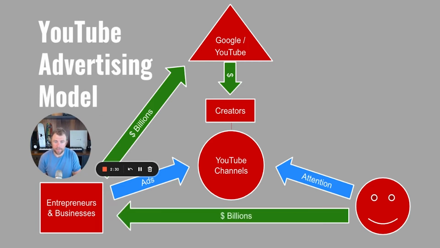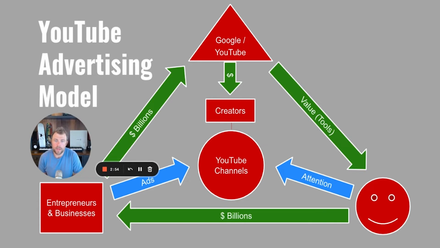Not only that, but when the marketing's done well and advertising, these viewers watch the content, they see ads, and they're buying products. They're paying for products and services because they see the ads, right? So there's billions of dollars being exchanged between consumers and these businesses on the platform.